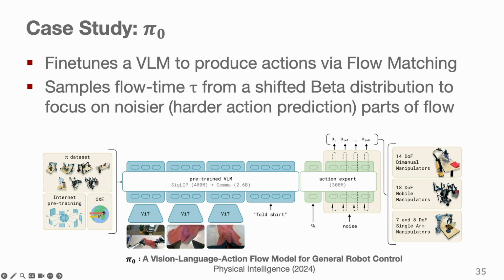One nice technical detail here is that instead of sampling the flow time uniformly during training, they propose sampling this from a shifted Beta distribution that focuses on the noisier, harder time steps, where action prediction should be more difficult and where the model needs to predict more. We will talk more about VLAs and generalist policies in lecture 9.